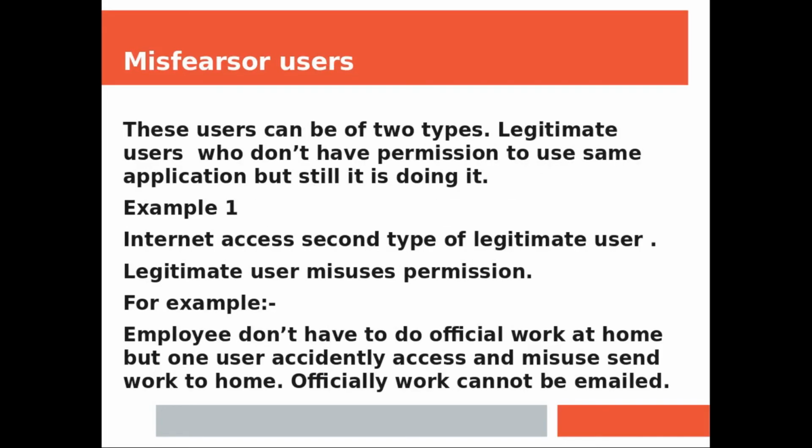Next is misfeasor users. Misfeasor users are of two types. A legitimate user means a legal user who does not have permission to use the same application, but still does it. We can say a student is given access only to write and run the C program, but the student is accessing the internet.